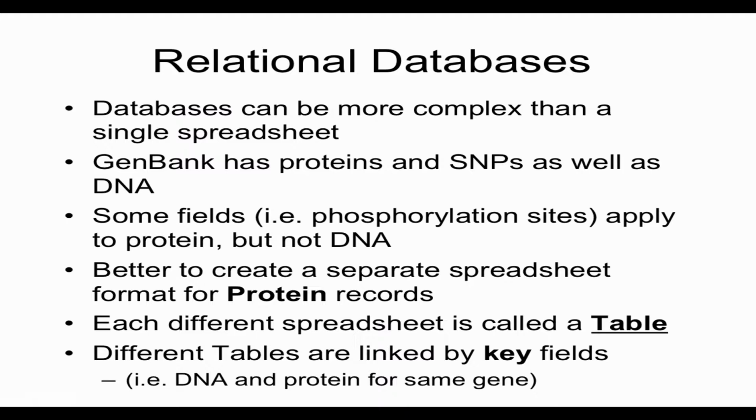There would be a unique identifier of the protein that would show up in a particular and predictable field in the DNA record. And that link would allow you to establish a relationship between the two. And there may also be other fields that are shared. They could be submitted by the same submitter at the same time. Some of those fields could be shared, but they don't have to be.